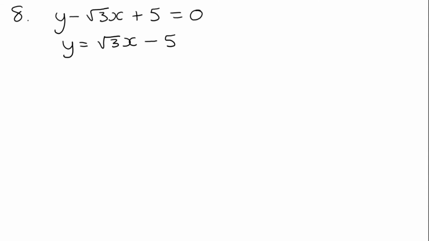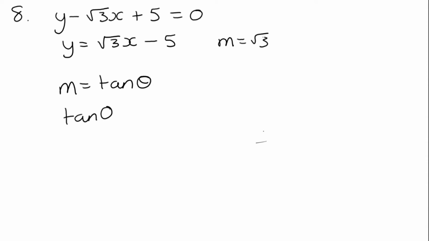Then we'll be able to find the angle. So from y equals root 3 x take away 5, you can see that the gradient has to be root 3. So we put tan theta equal to root 3, and from your exact values table, you should remember that theta would therefore be 60 degrees.